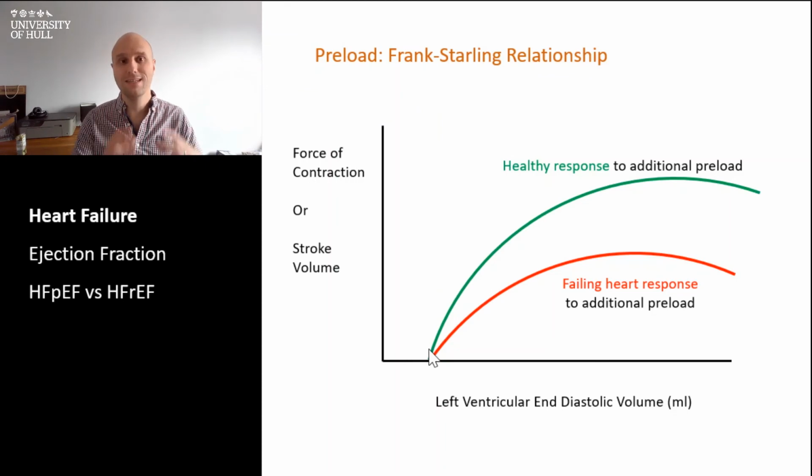In a weakened, dilated, failing heart, you might be adding volume, either through neurohormonal response or giving a fluid bolus, and that heart is unable to cope with that, so you don't see the corresponding improvement in the force of contraction or the stroke volume. And even to the point where, say, you give this person a fluid bolus and they're unable to handle that, and the heart beats even less effectively.